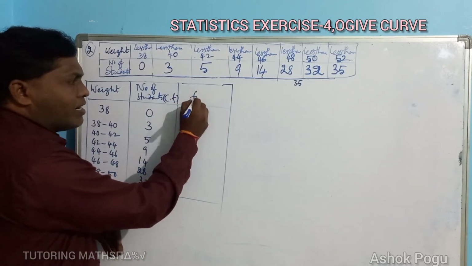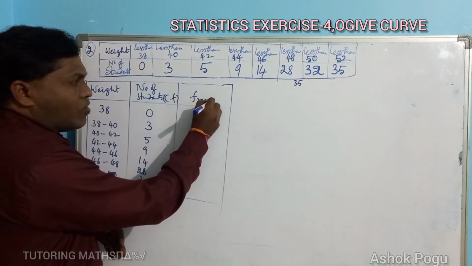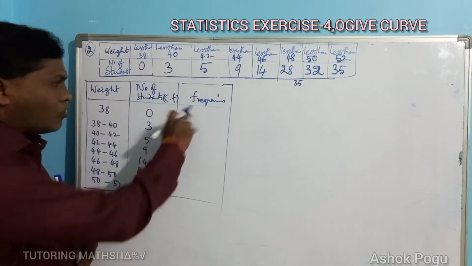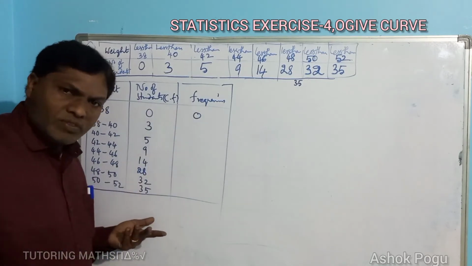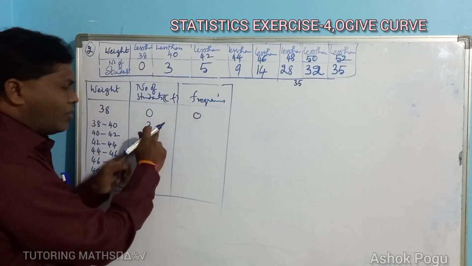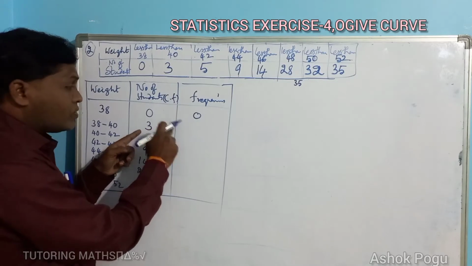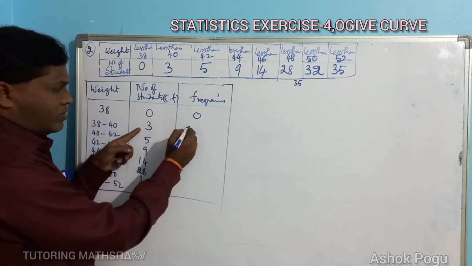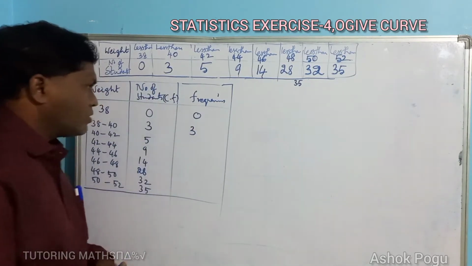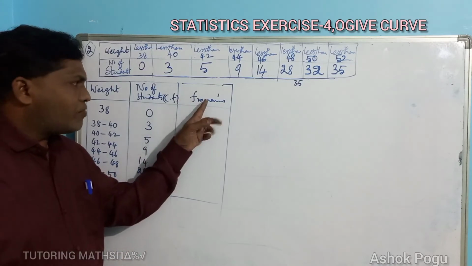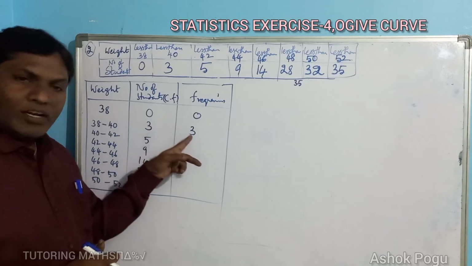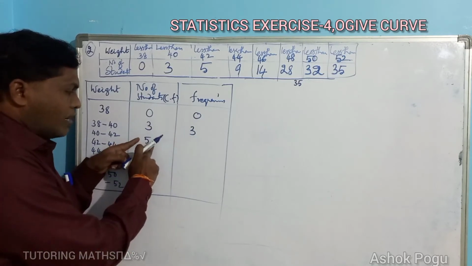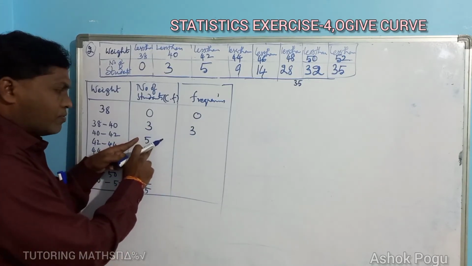Now let us find the frequencies. What would be the frequencies then? First value, no change, 0. Second value, how much is more? 3. Third value is 5.